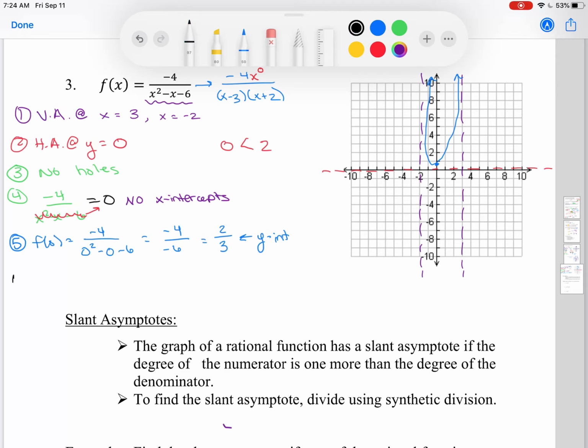But at the end of the day, I could have also taken section 6 of graphing and plugged in a bunch more values, such as x equaling 1, or x equaling 5, or x equaling -5, to get an idea of each section where my graphs are going to be placed.